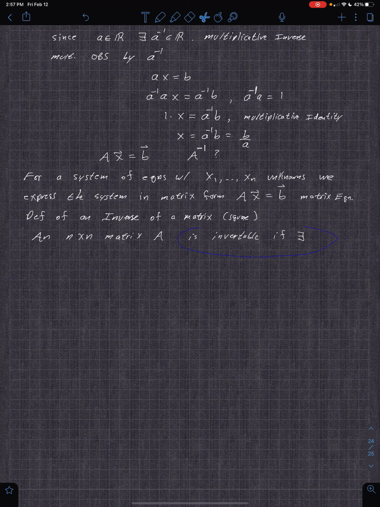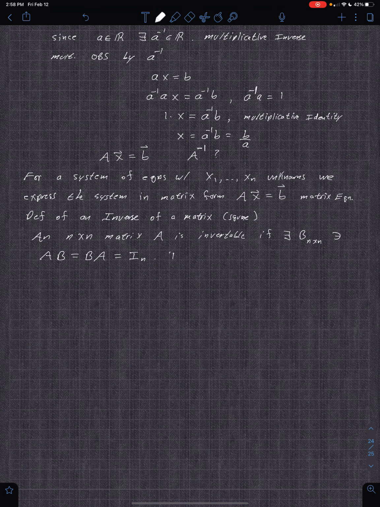So we're only talking about square matrices right now. If there exists a matrix B, which is n by n, such that A times B is equal to B times A, which equals the identity matrix of n by n. If you find a matrix B like that, then B is called the multiplicative inverse of A.